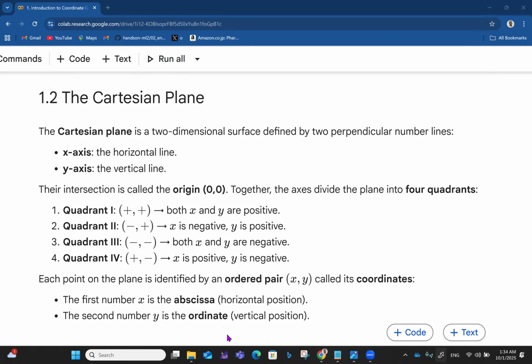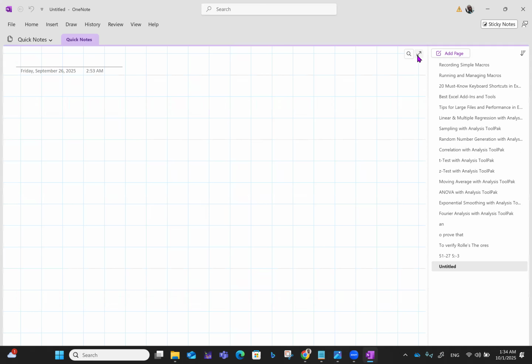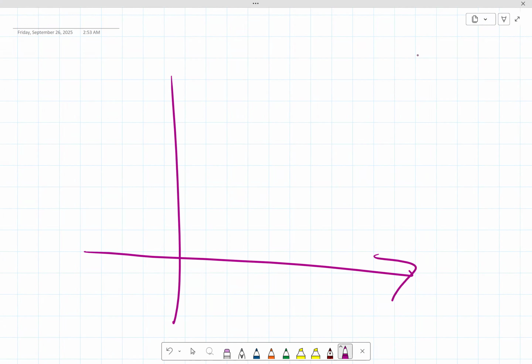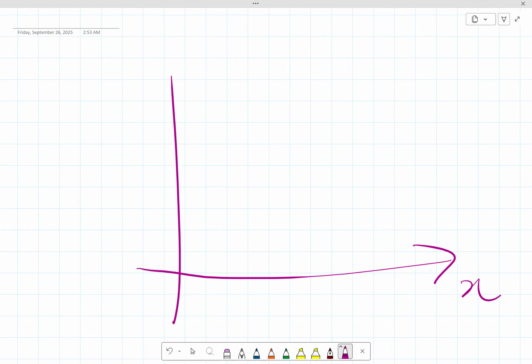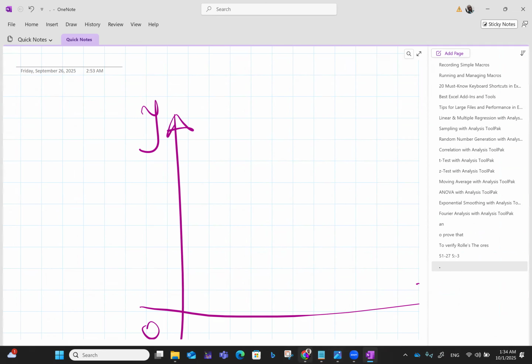So imagine if I open this, for instance. So the Cartesian coordinate simply talks about the popular x and y axis we know. So this is the x-axis, and this is the y-axis, and this is the origin. So that's basically the concept of the Cartesian coordinate system.